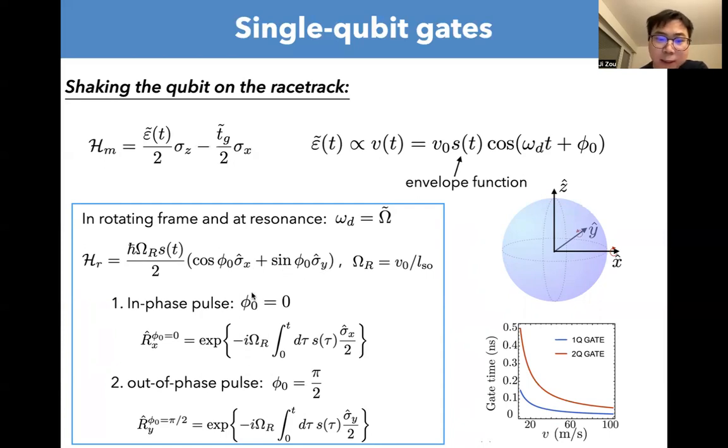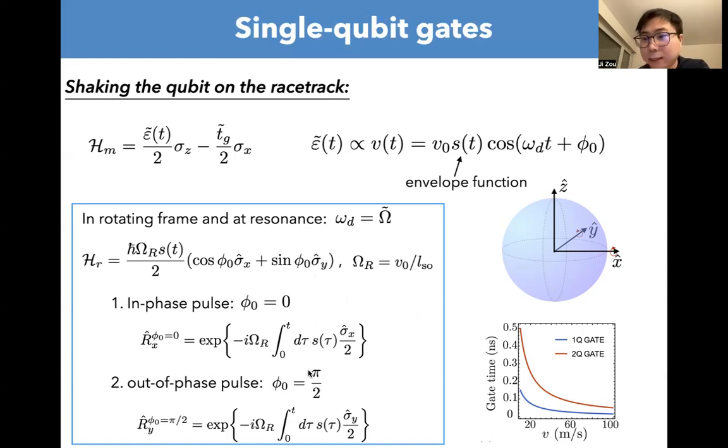When phi naught, the initial phase, is 0, we would get a single qubit rotation around the x-axis. Similarly, when phi naught is pi over 2, we would get a single qubit rotation around the y-axis.